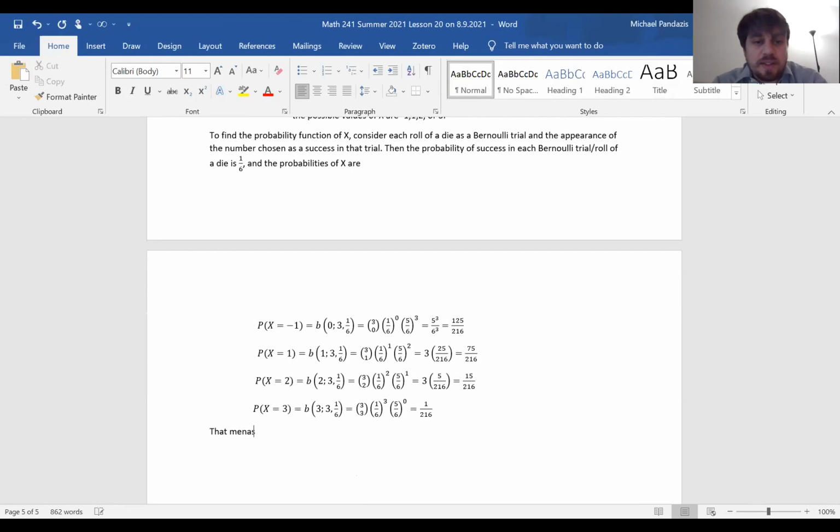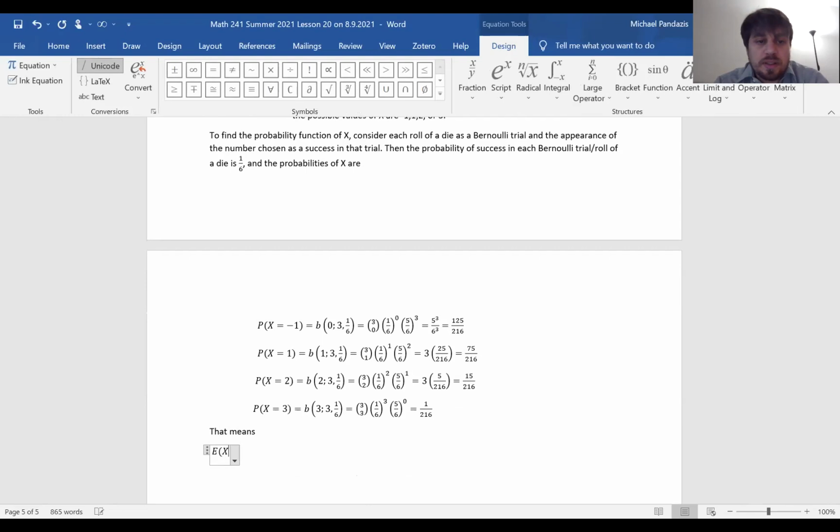And so that means that the expected value of x, E of x, is equal to, well, you take each possible value of x and multiply them correspondingly by the probability of x being that value.